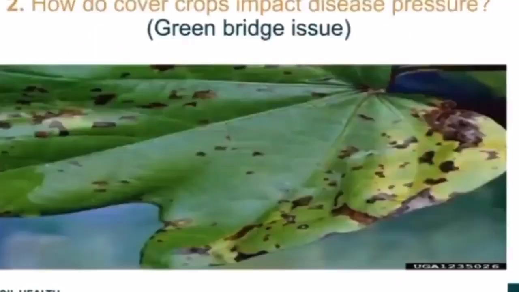How do cover crops impact disease pressure? I learned something new researching this, because I had never heard of the green bridge issue. The green bridge issue means that if the cover crop was not fully terminated, it could spread pests from the cover crop that wasn't terminated to the crop that the farmer is going to plant.